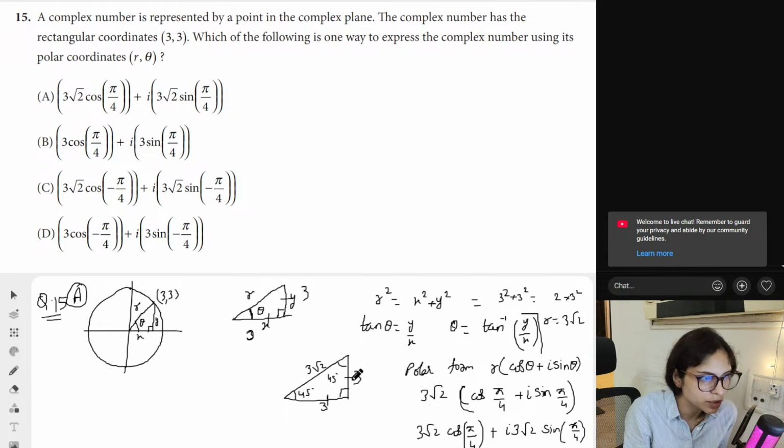Because these two are equal to each other, that is where it is 45 and 45, and r is 3 square root 2. We can use the special right triangles. So it is option A.